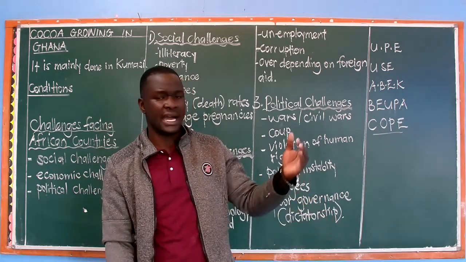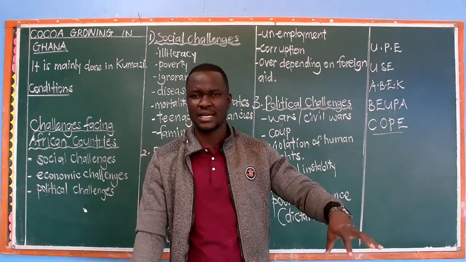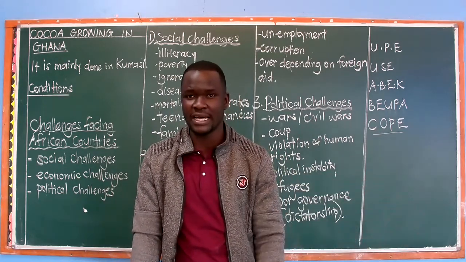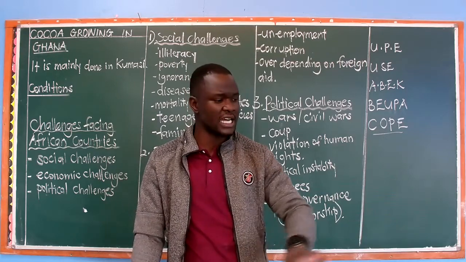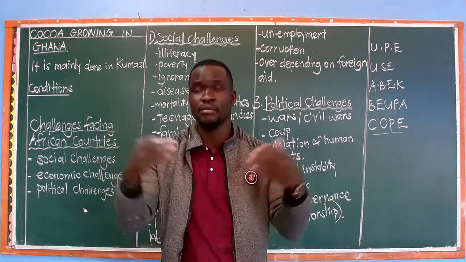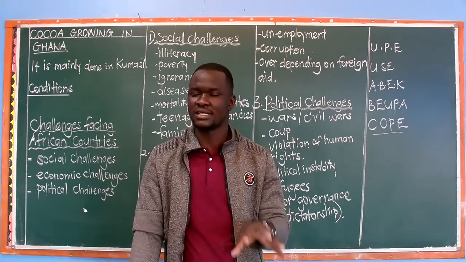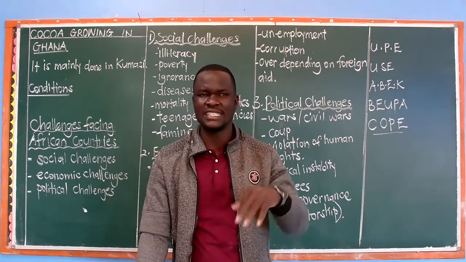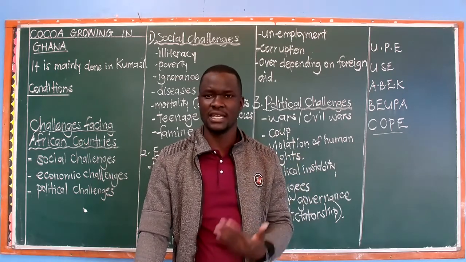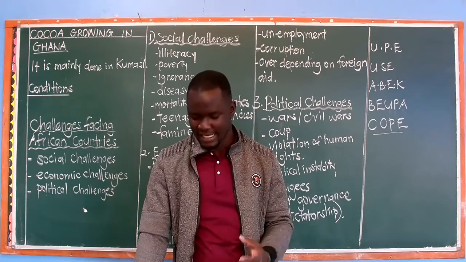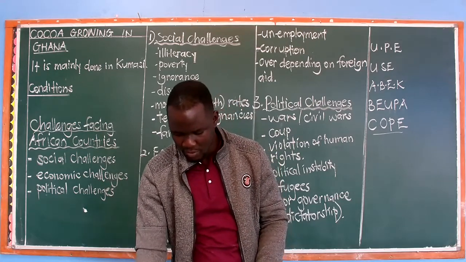You find stagnant water in the trenches, in the channels, and mosquitoes can breed in such areas and malaria breaks out. So that is what we call creating awareness, teaching people on such things and encouraging them to maintain hygiene and sanitation in their communities.